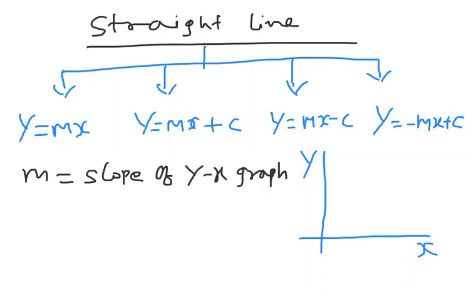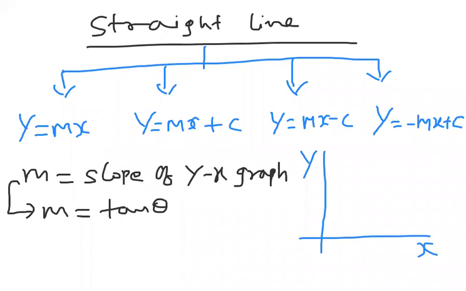The m value we can also write as tan theta, where theta is the angle made by the graph with the x-axis.